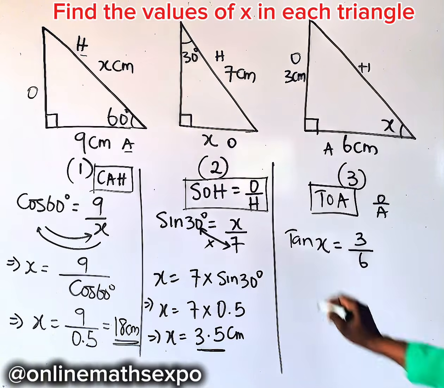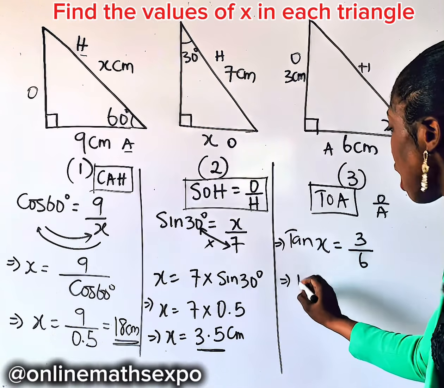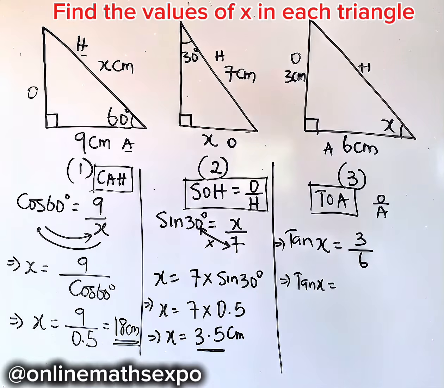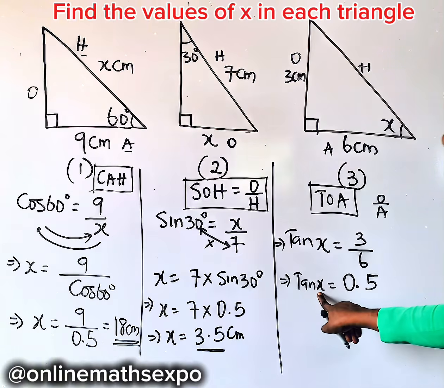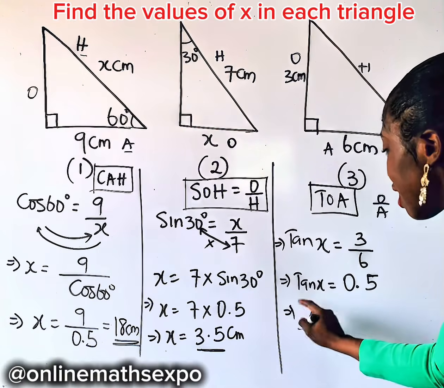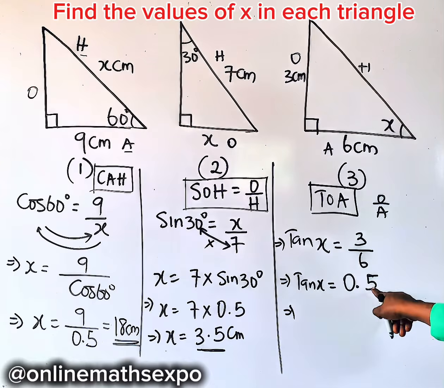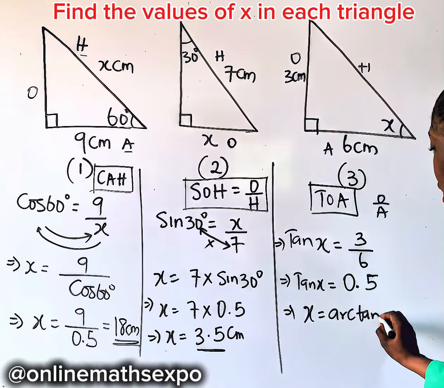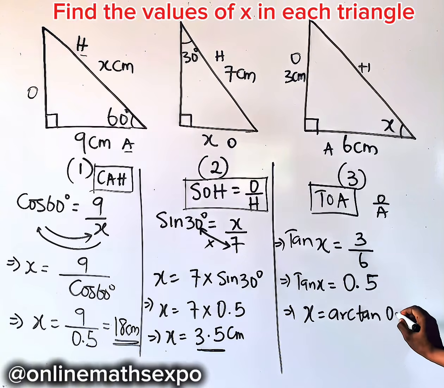So this is giving us tan of x is equal to 3 divided by 6, which gives you 0.5. Now, to get this x, which is the required angle, just take the arc tan of this value. So your x will be arc tan of 0.5. Just use your calculator.